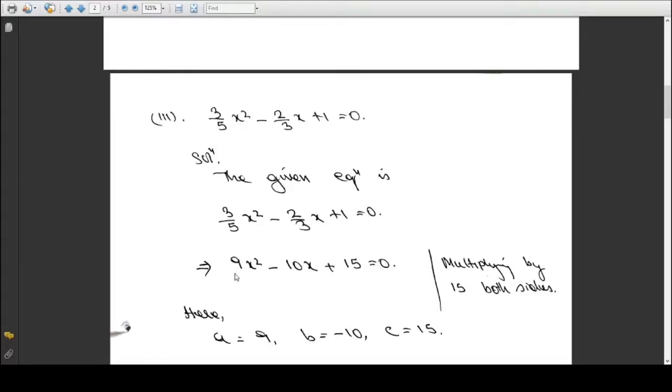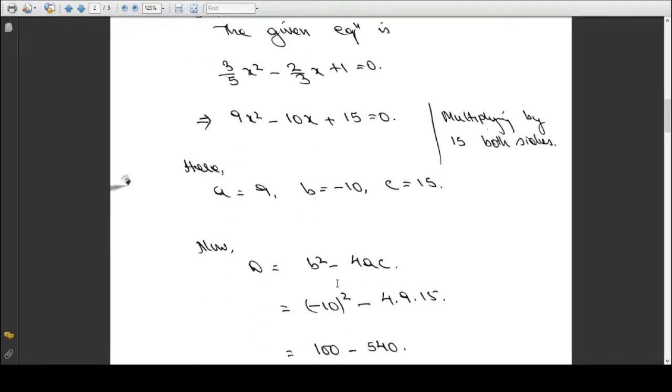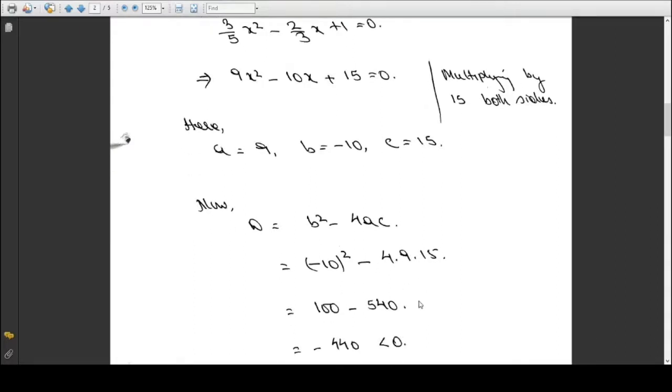Okay, now this is the standard equation. Comparing the given equation with the standard equation, A will be 9, B is minus 10 and C is 15. Now next find out the discriminant. B squared is minus 10 squared, minus 4 times A, which is 9, times C, which is 15.